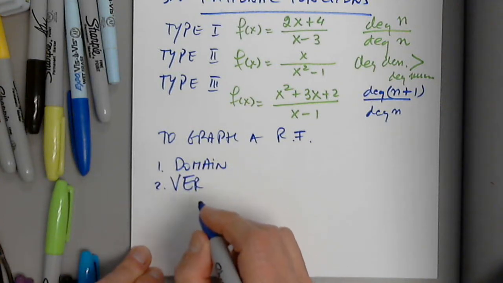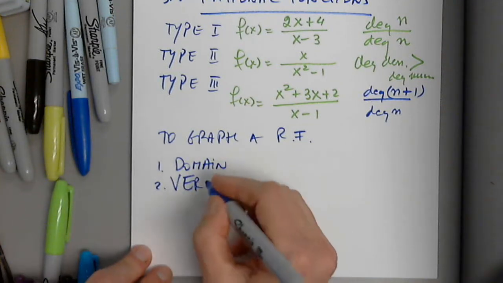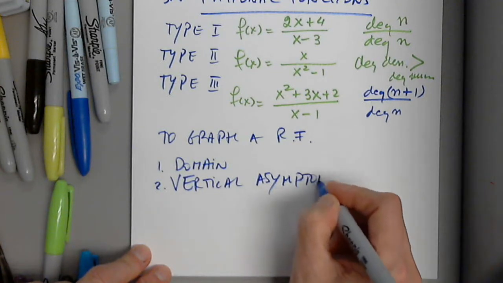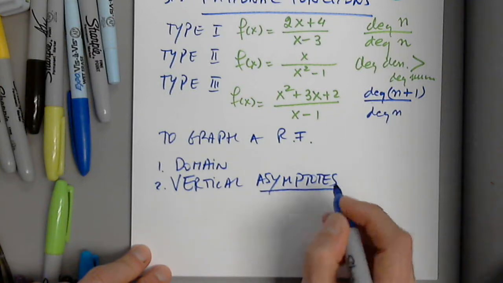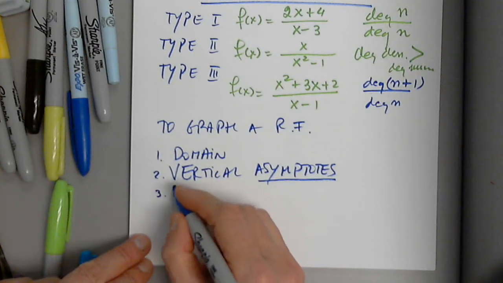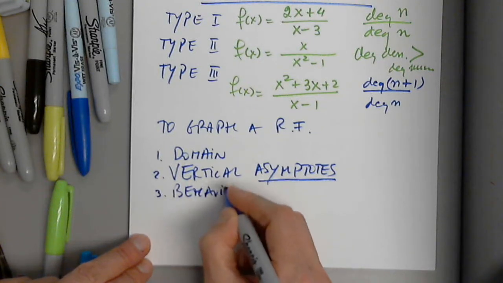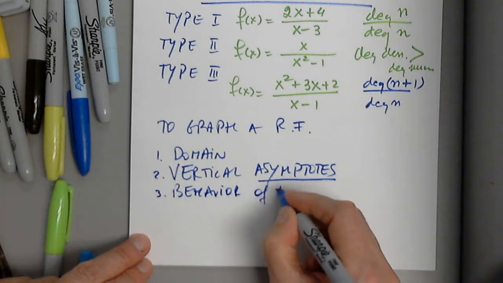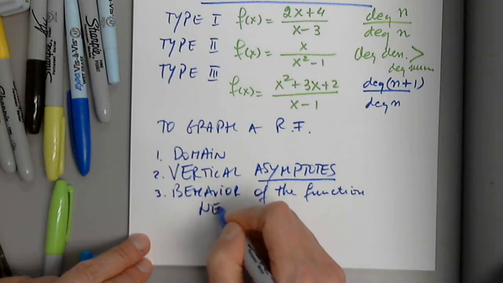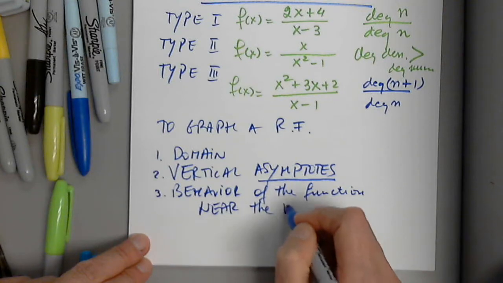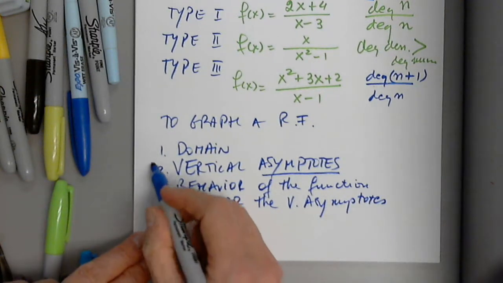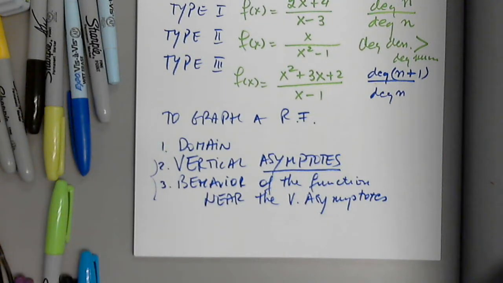We have never discussed this. I'm going to start with what is new. Vertical asymptotes. 3, behavior of the function near the vertical asymptotes. I'm going to start with 2 and 3 because this is new.